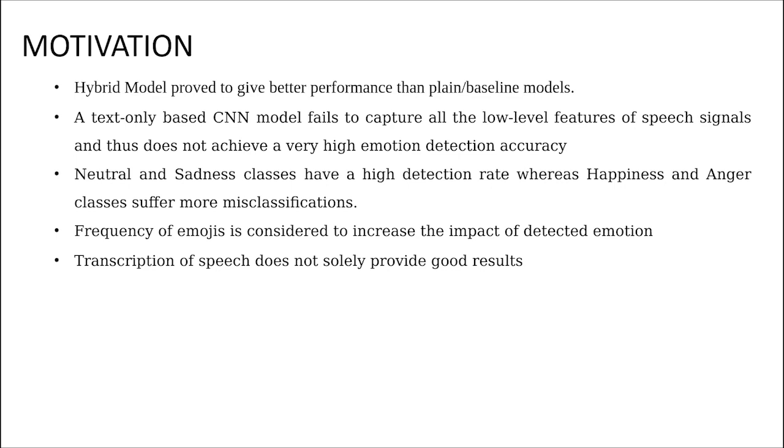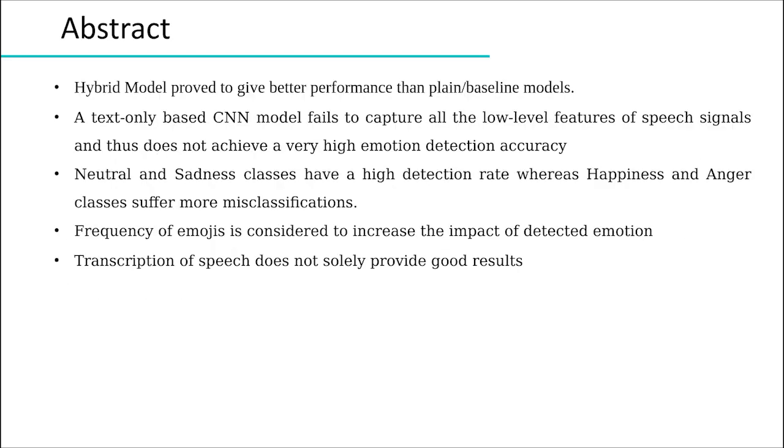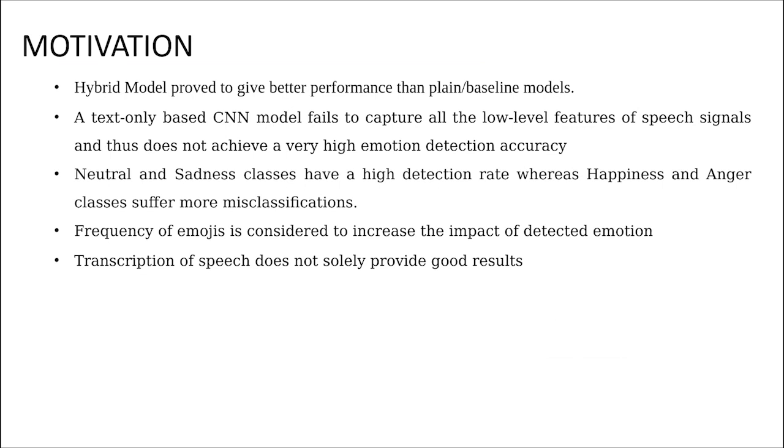So the motivation for our research paper was that all the text models which we had surveyed in the literature had only plain baseline models, which were either CNN or LSTM solely. We decided to use a hybrid model, which was more efficient than any individual model. Coming to the speech part, a singular CNN model could not capture all the features and thus did not result in a high accuracy level.